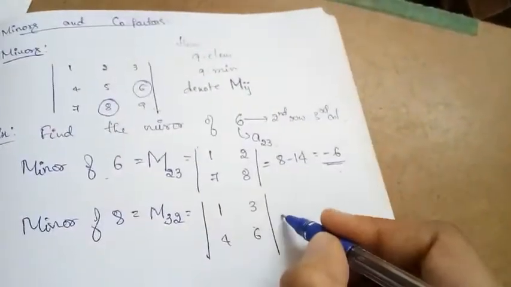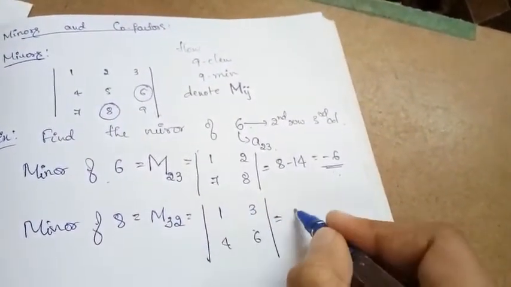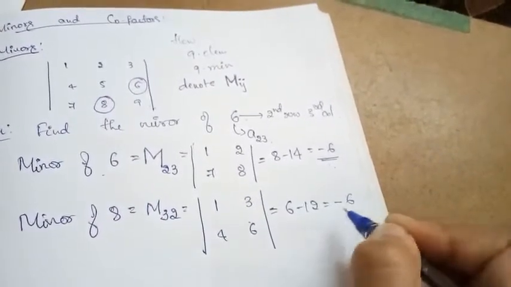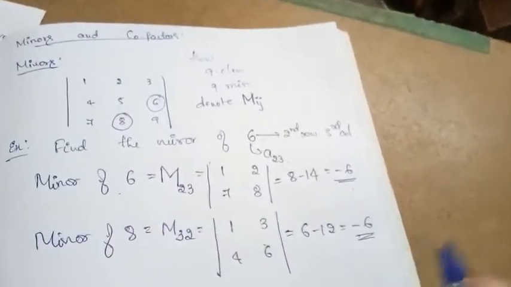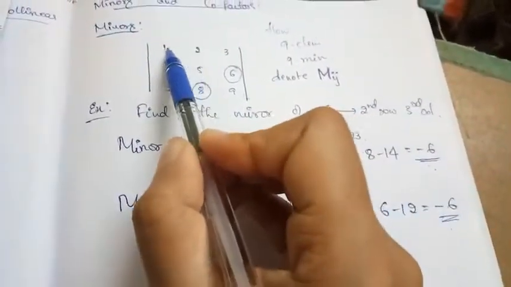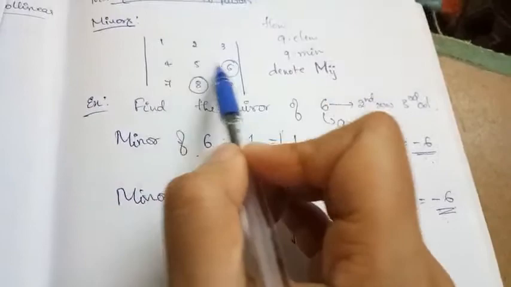Now let us find the determinant value of this. That is 6 minus 12, which is minus 6. So this is how we can find the minor value for each and every element of this determinant.